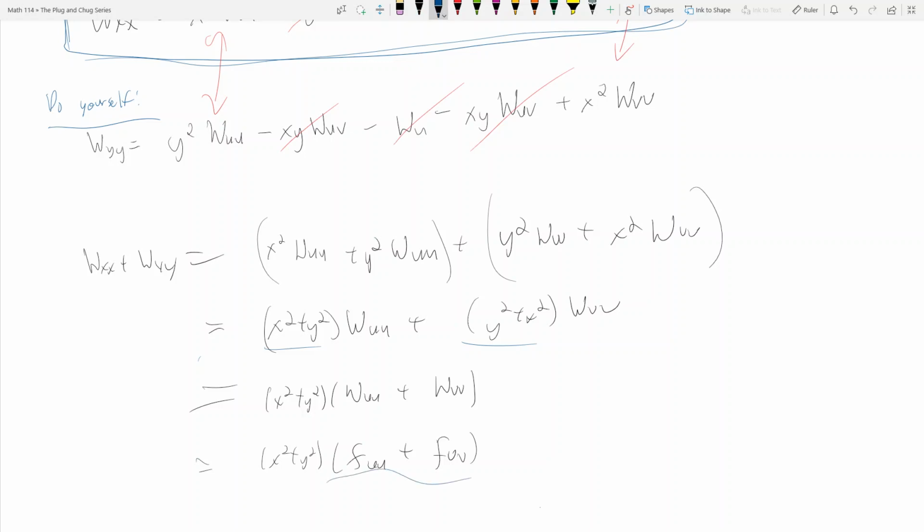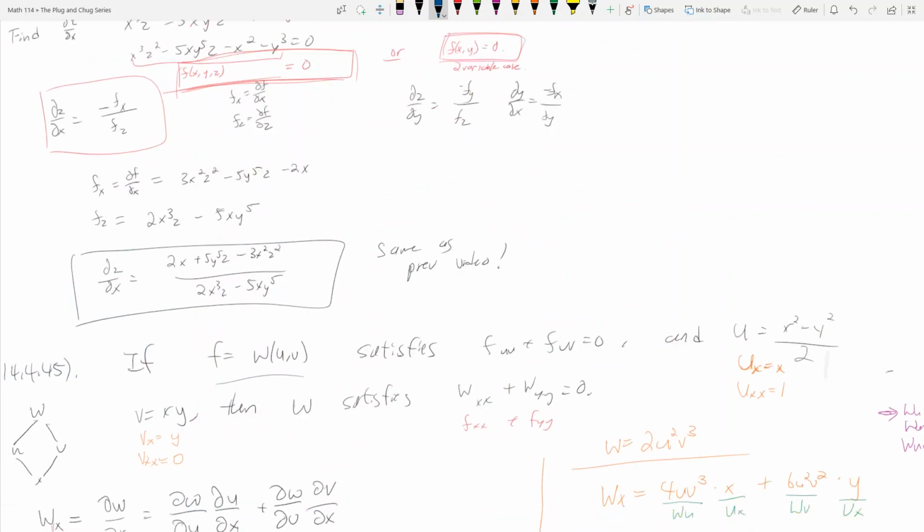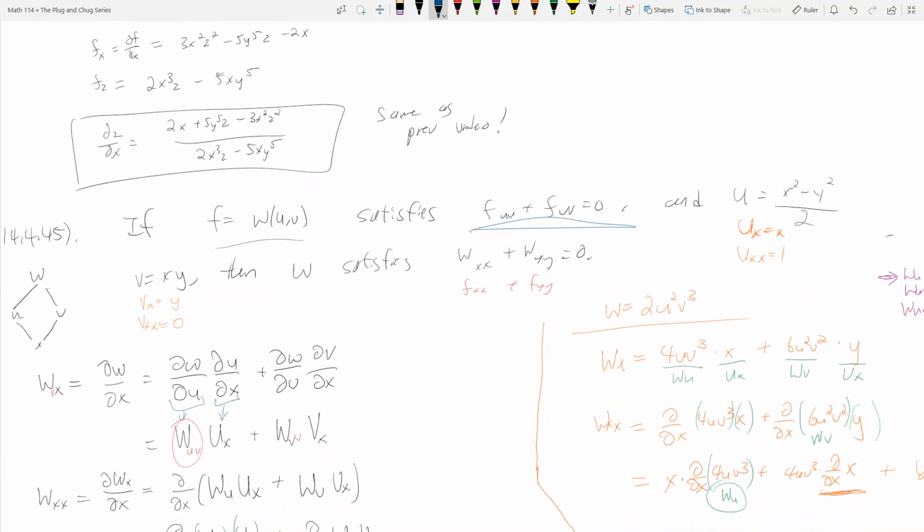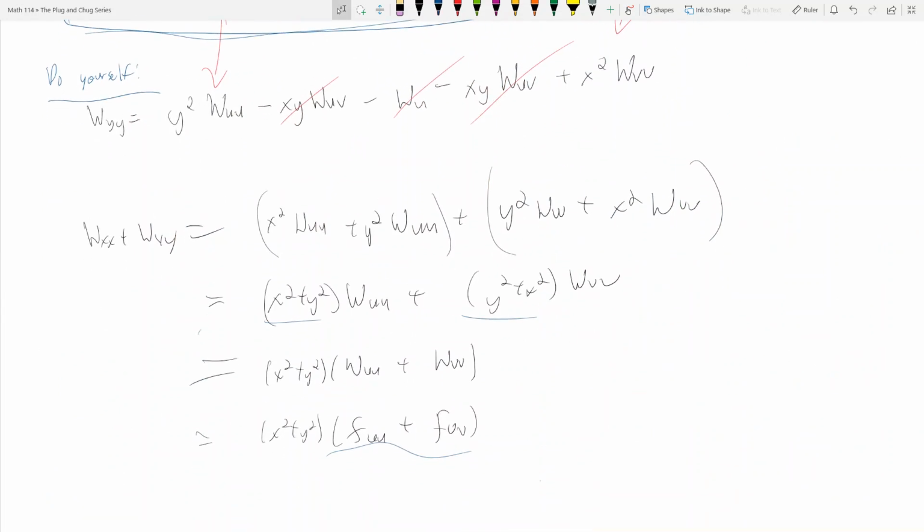It's 0. f sub uu plus f sub vv is 0. So this is equal to 0 because this guy was 0. Okay? And this proves that w sub xx plus w sub yy is equal to 0, which is what we wanted to show.